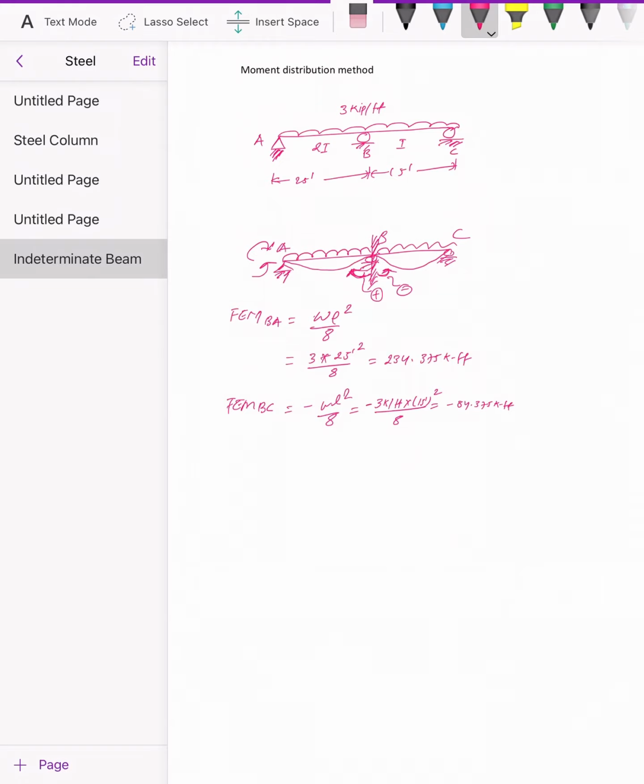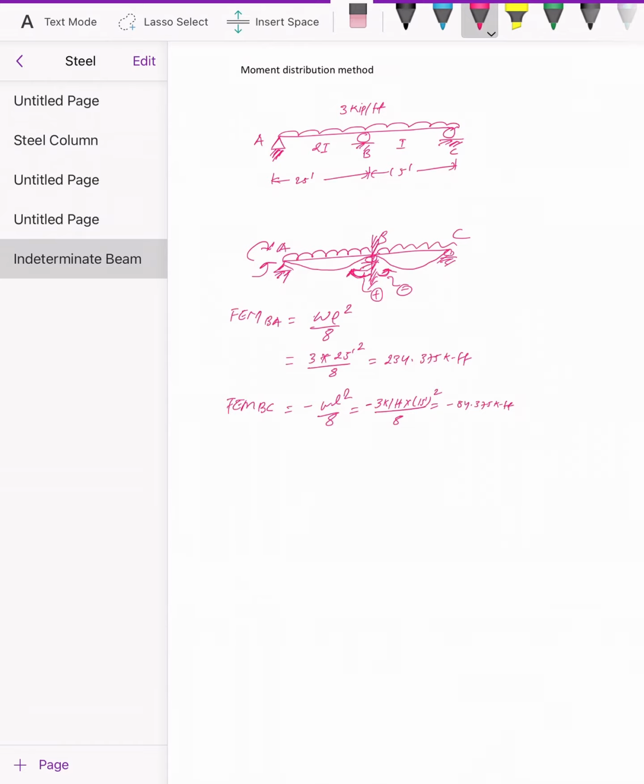Okay, so now the next step is to find the distribution factor. How are you going to find the distribution factor? At the roller support, the distribution factor of joint AB is equal to the stiffness of member AB over the sum of the stiffnesses.